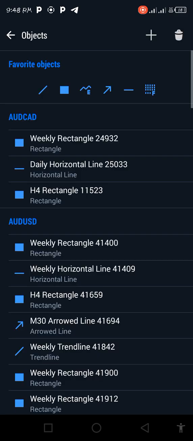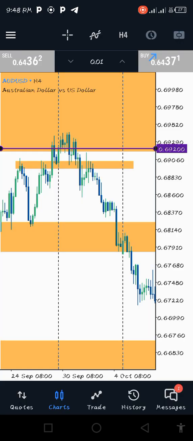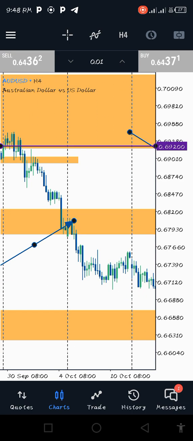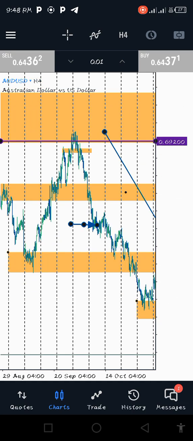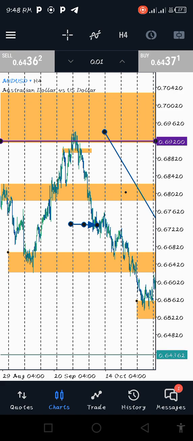This was our first entry. This did not give us a re-entry because price broke this zone, and then we did not see a retest for this zone.